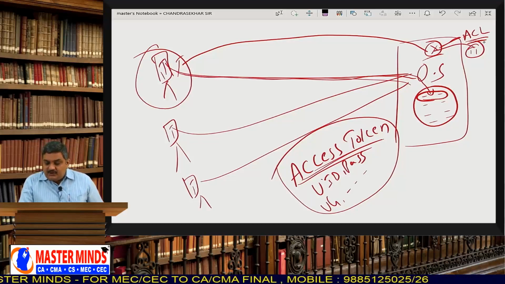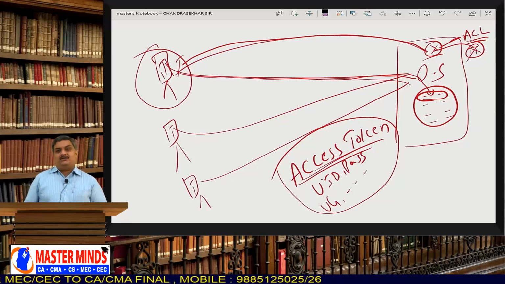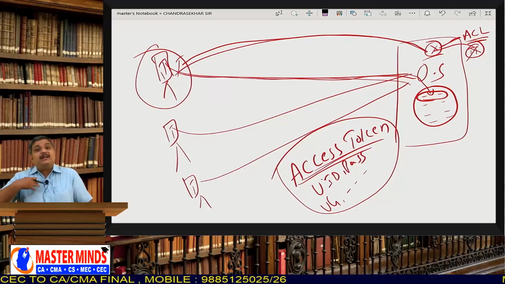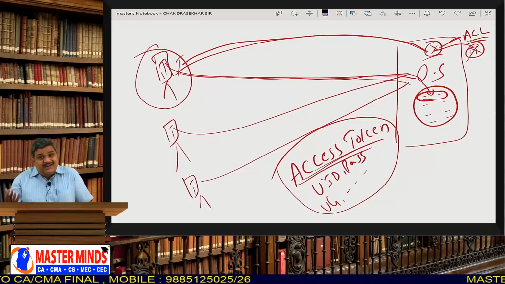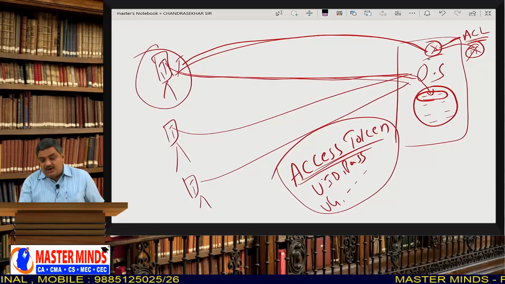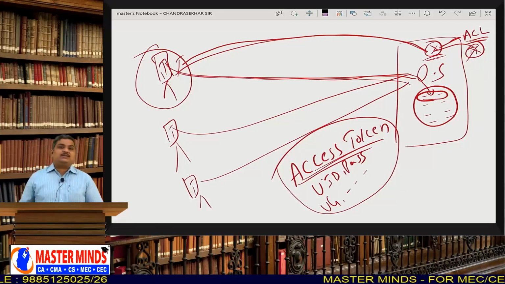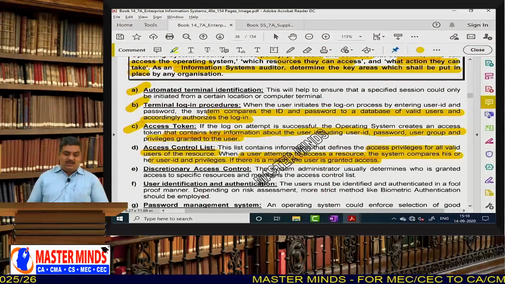Okay, in the access control list, terminal 1 is not there. That means that file does not get opened for me because my name, my user ID, is not there in the access control list. Hence, I cannot open that file. This is the mechanism the operating system will follow. Okay, that is called an access control list.